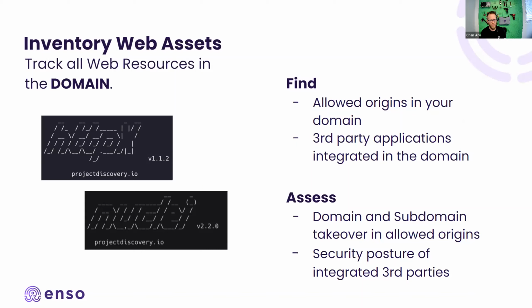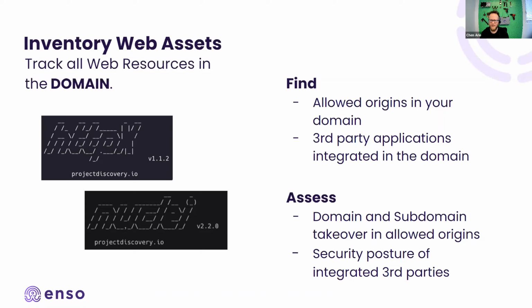And then you need to also inventory and assess if they are running some sort of cross-origin resource sharing protocols, if they support CORS and allow other origins to interact with them, and you need to include those origins in your inventory as well. I will finish up very soon because my time is up.